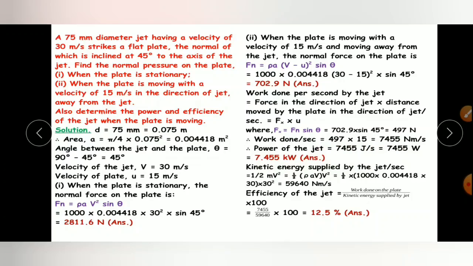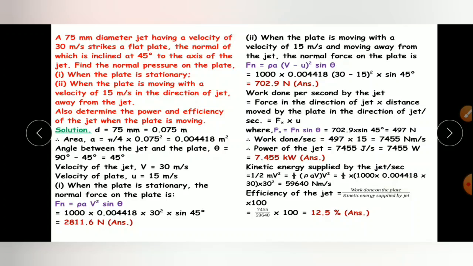Now we have to find out the efficiency of the jet. We know that the efficiency of the jet equal to work done on the plate per second divided by kinetic energy supplied by the jet per second. The kinetic energy supplied by the jet per second equal to half m v square, equal to half rho a v into v square, which equals half into 1000 into 0.004418 into 30 into 30 square.